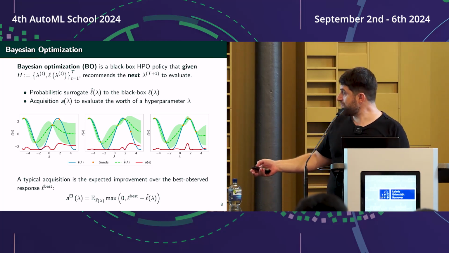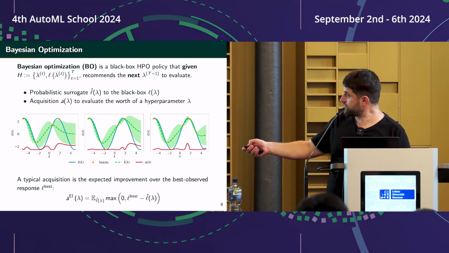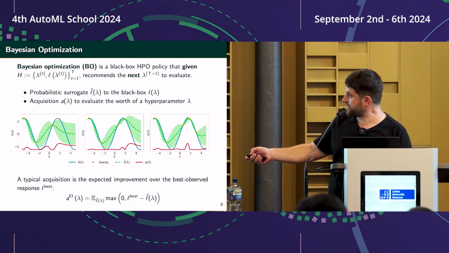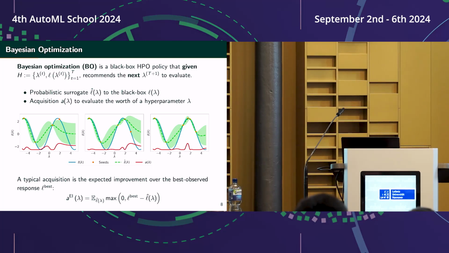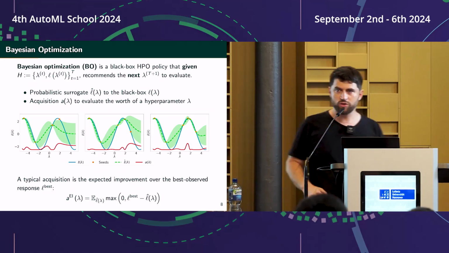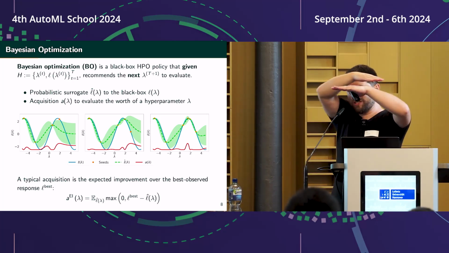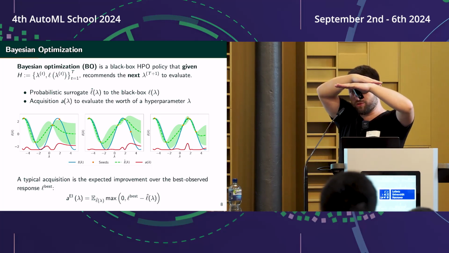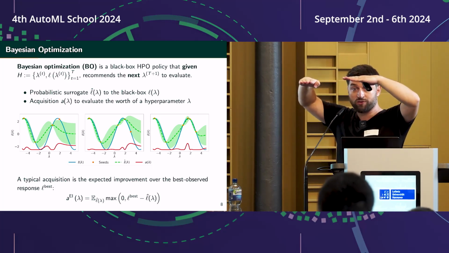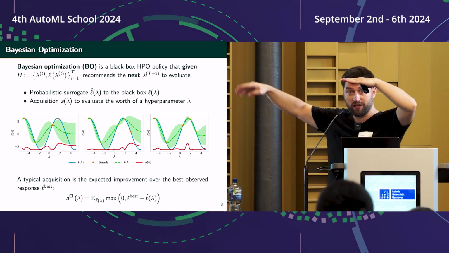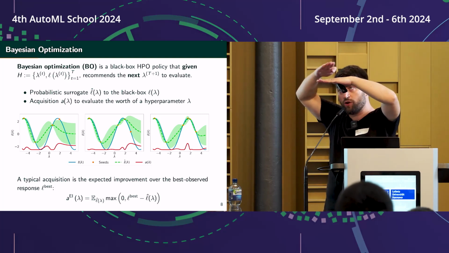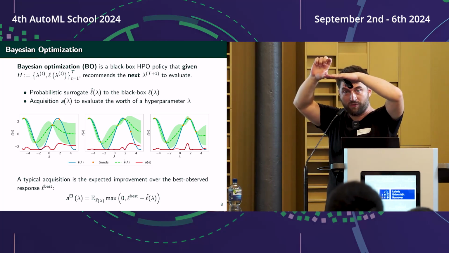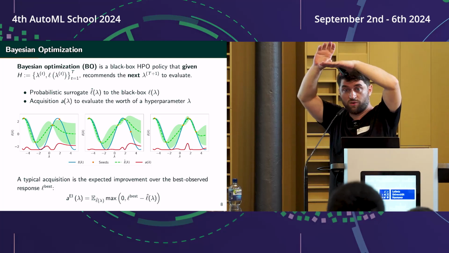If you take the posterior distribution, for example, at this point here, this lambda, you would notice that you have here a density function. Assume that this is a Gaussian density function. And what we are looking for is, if we take the line that passes through the best observed response so far, in other words, the point with the highest observed y-axis, we want to look into what area of the density function lies above that point.